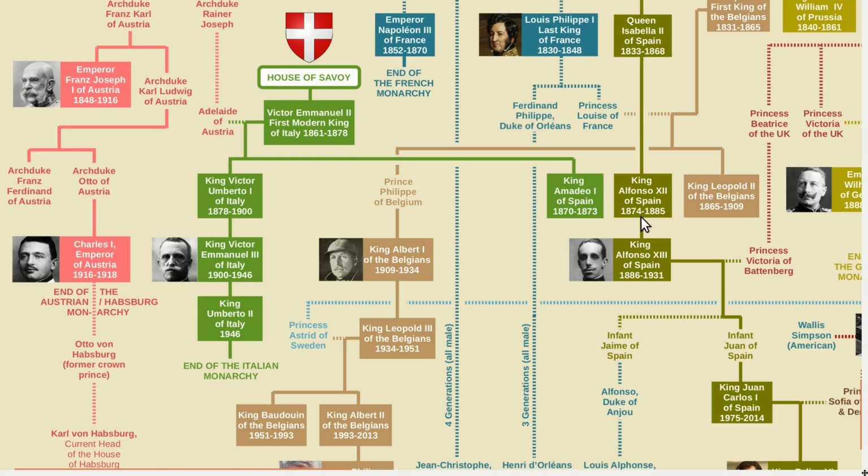So we have King Alfonso XII, and after him comes his son, King Alfonso XIII. And Alfonso XIII married a granddaughter of Queen Victoria of the United Kingdom, and therefore we get a connection to the British royal family from this point forward.